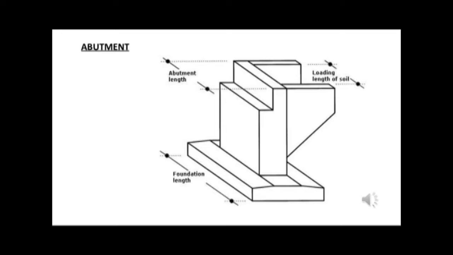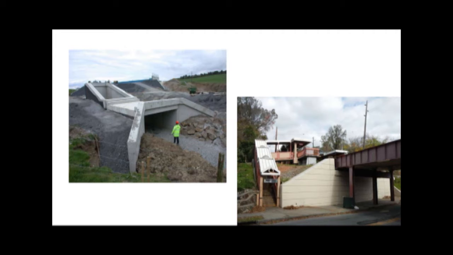An abutment acts as the seat for the deck slab or plate girder or beams or arches or trusses, or any structure the bridge is made of, and it provides the seat for that structure as well as holds the approach road. It helps the approach road and the bridge to meet at the same level.